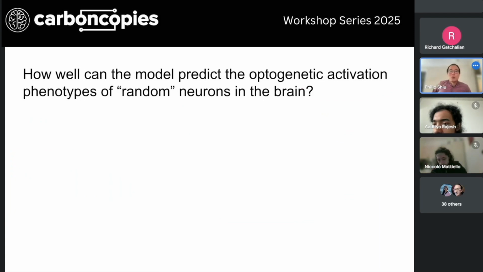One thing that we thought would be really compelling was to understand how well the model can predict the activation phenotypes of random neurons in the brain. So if we were able to activate particular subsets of neurons, we could then ask, when we computationally activate these neurons, do they activate motor neuron 9? And how does that compare to what happens when we actually use optogenetics to activate these neurons in the biological fly?